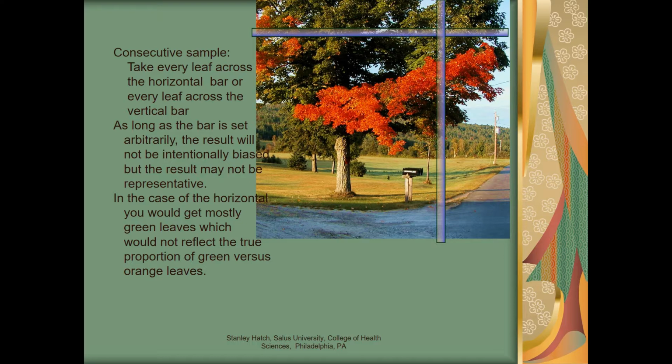So if you set either of these bars arbitrarily, the result will not be intentionally biased. You didn't mean to go out and take the wrong sample, but because of the fact that the branches are not random in their change in color, your sample will not be accurate.